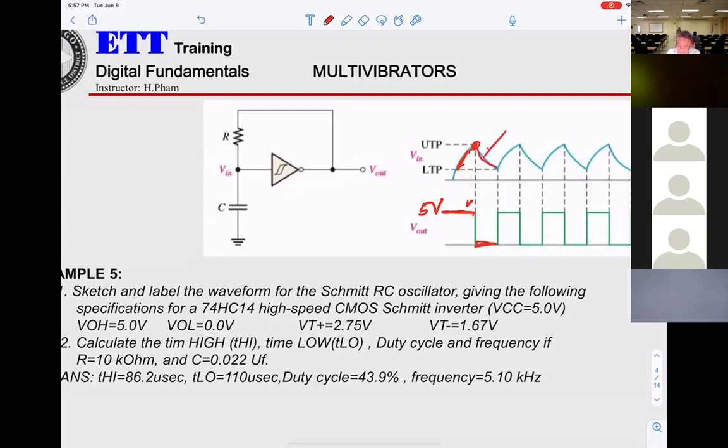So this stands for discharge. The capacitor will never fully charge nor discharge. It will hover between 2.75 and 1.67. And this will be charging.